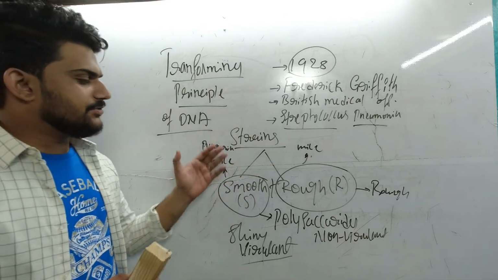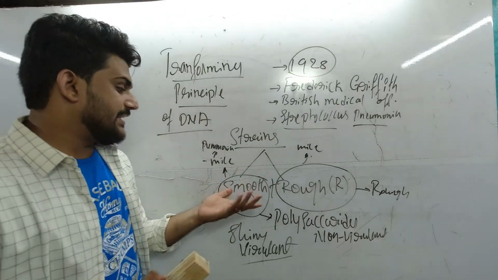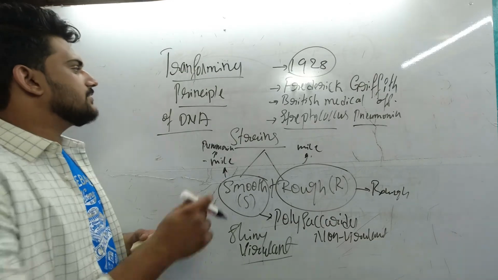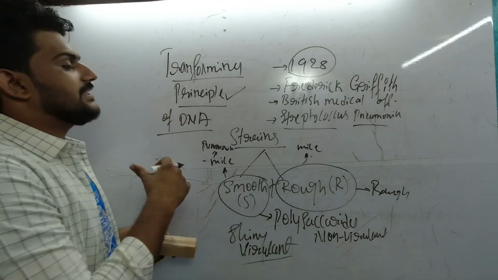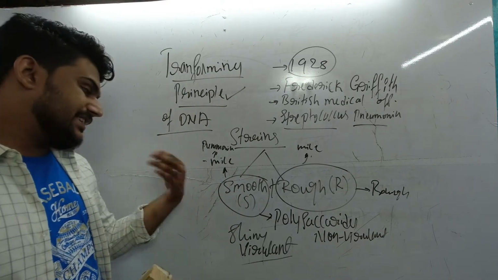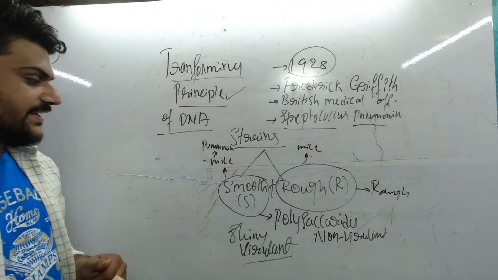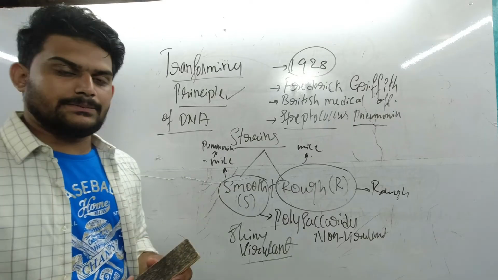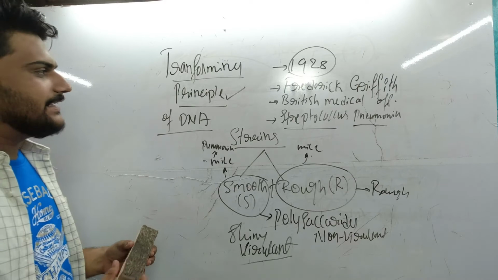This was the basic experiment confirming that there are two strains. But he did not confirm that DNA was responsible for the transformation of characters. That was done by other scientists, or biologists. So let's see what they did and how they did it.